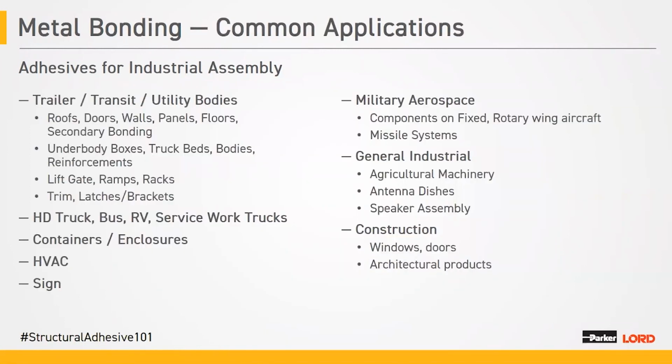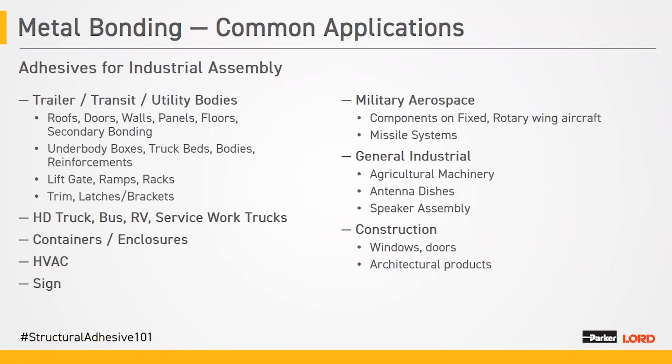Now that we talked a bit about the adhesives and the chemistries and how we'd select one, just some common applications that we perform within the industry. So for industrial assembly, we certainly work heavily in the trailer and transit and utility bodies markets where we're bonding roofs and doors and walls and floor panels, underbody boxes, truck beds, etc., lift gates, and then certainly some bracketry and hatches and shelf hangers are some very common applications.